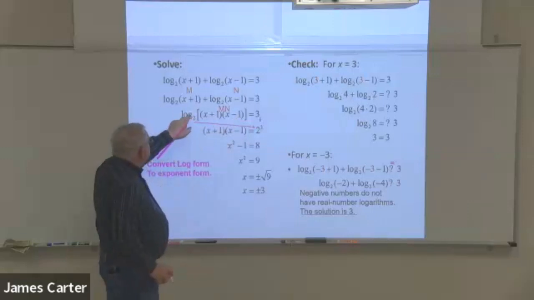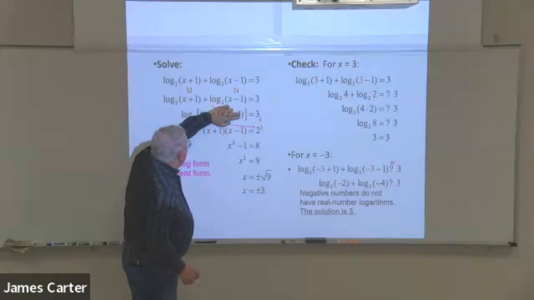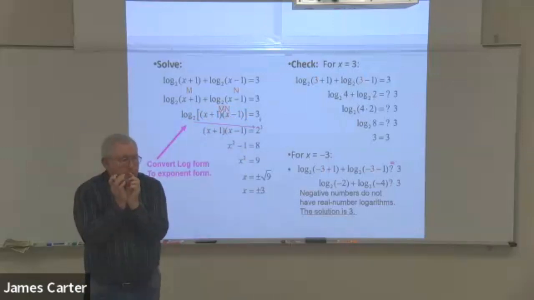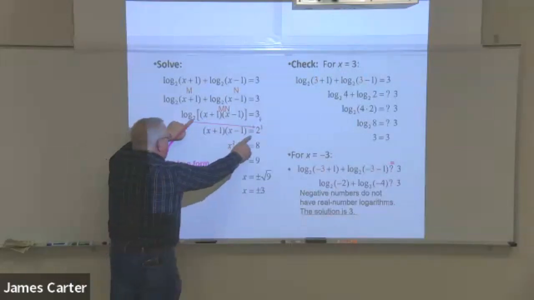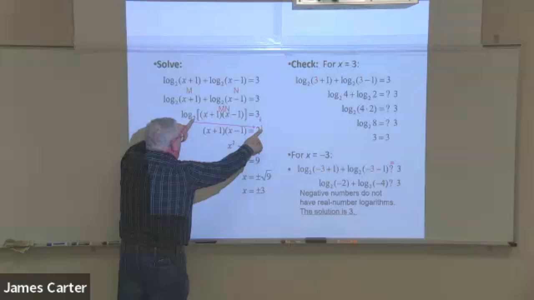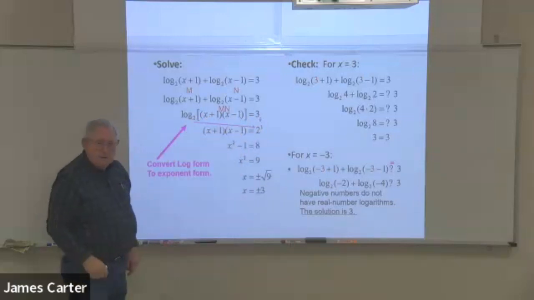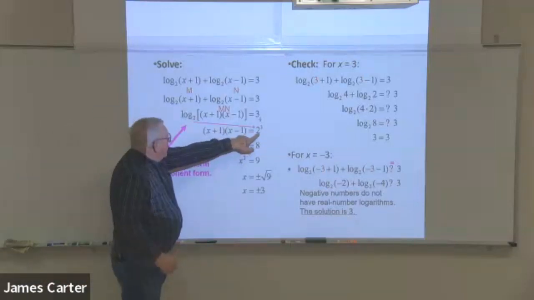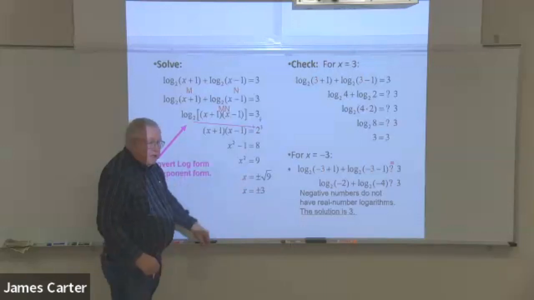Now, I'm going to convert this thing into exponential. And I'm going to treat that whole parentheses as if it were one single term. The base would remain the same. Here's the power, and here's the long-winded argument. That becomes 8. Move the 1 over, it becomes 9. And you get plus or minus 3.